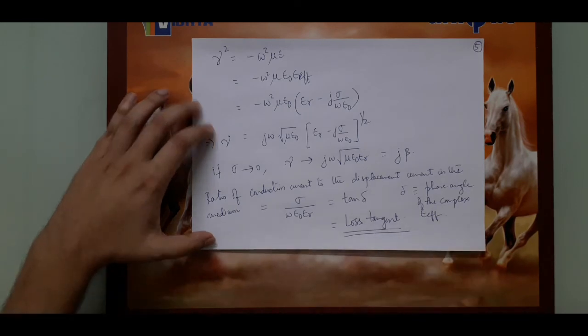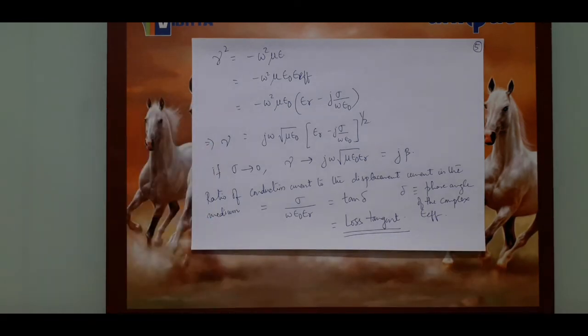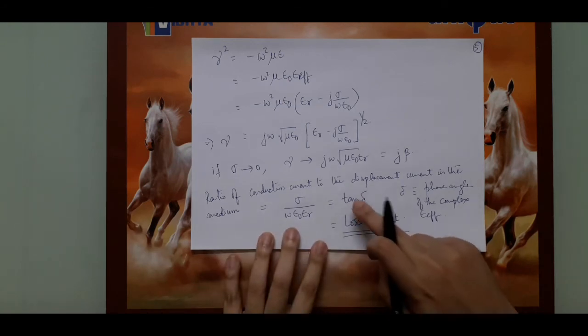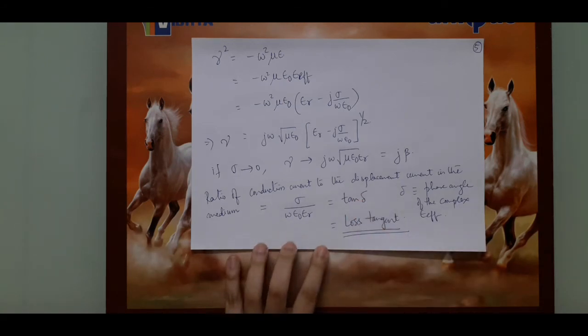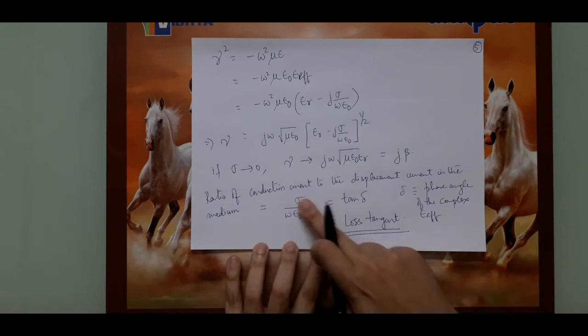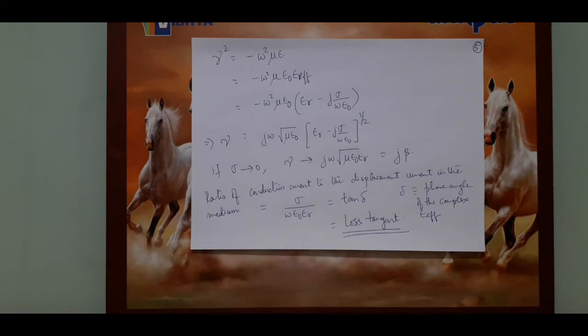Whenever you come across the data sheet of any medium which you are going to work with, they all have a specification of their loss tangent or the tan delta. So lower the sigma, lower will be the tan delta, and better is the dielectric property.